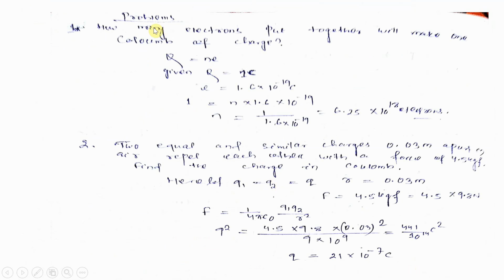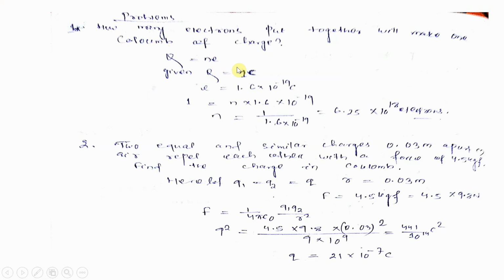Next we have to discuss some problems on the theory which we have discussed in my previous classes. Suppose we have a question: how many electrons put together will make 1 coulomb of charge?